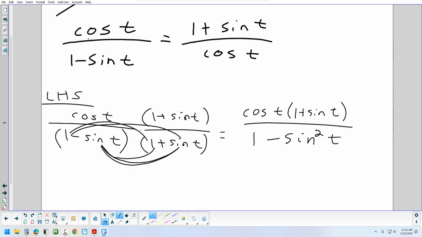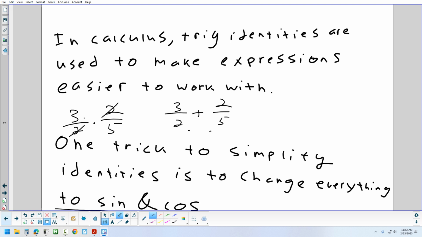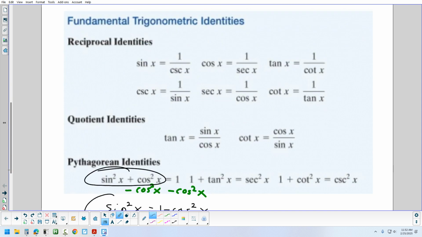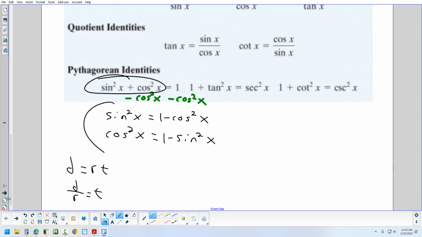Now, there's something there we need to recognize. Does anybody recognize something? The 1 minus sine squared. We go back to what we started with. It's something that I wrote down. 1 minus sine squared is what? The Pythagorean identity. Yeah, it's the Pythagorean identity.